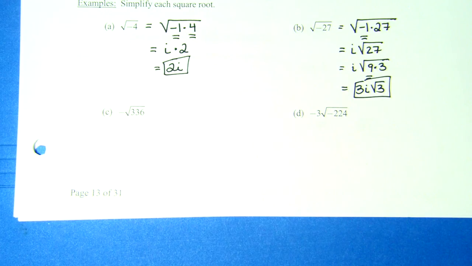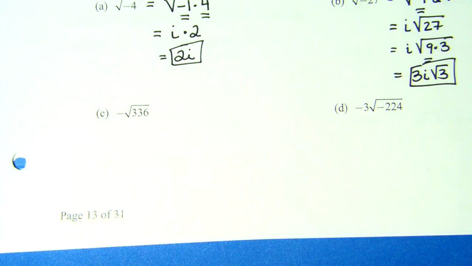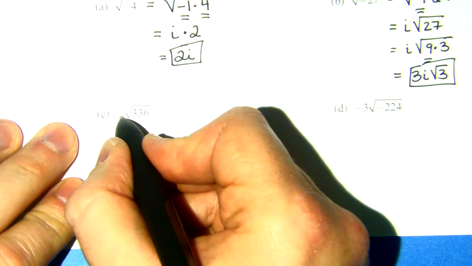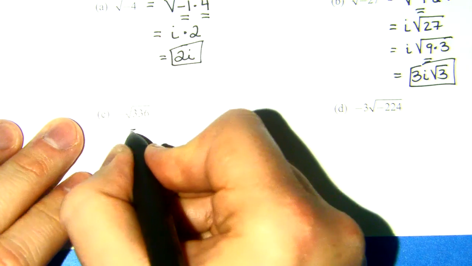Letter C, negative the square root of 336. Shall I start by moving an i out front? You know what, actually, I don't think so. I don't have a negative inside my root. It's a negative outside my root, so I'm just going to leave it.